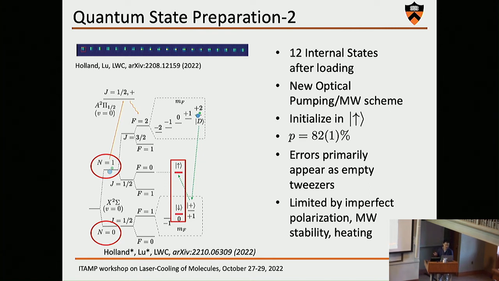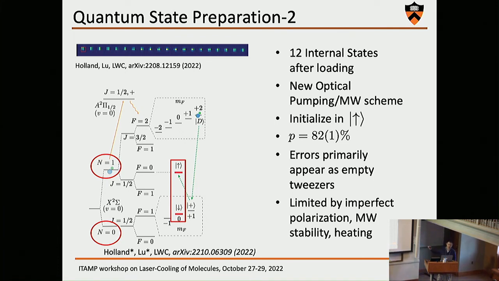So to do this, we actually implemented a way to optically pump these molecules into 2-2, and similar to what Mike Tarbutt does, we pump them into this particular state, use a microwave transfer to hide them in N equals 0, and then blow away all the molecules that weren't successfully pumped. And then with the final microwave sweep, we can put them all into one of these states.